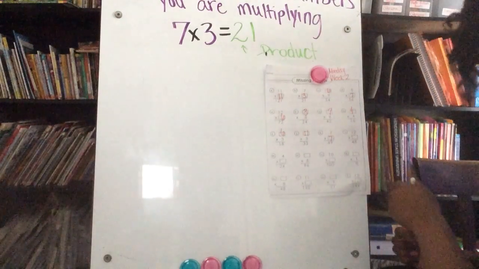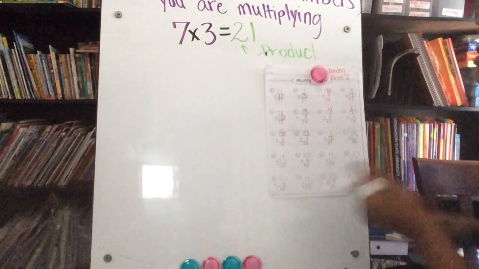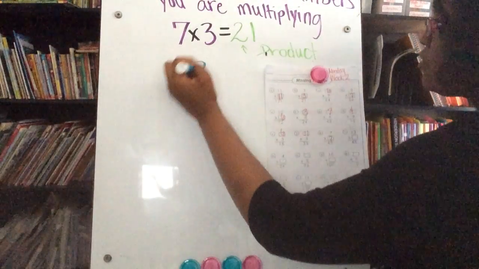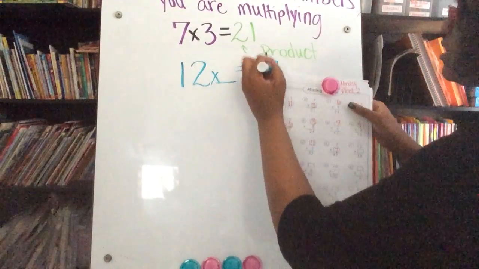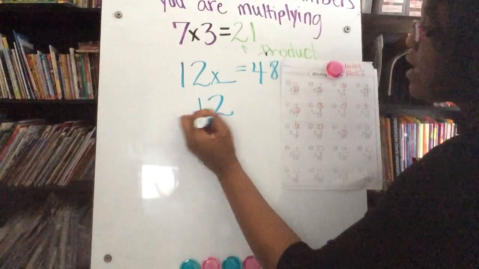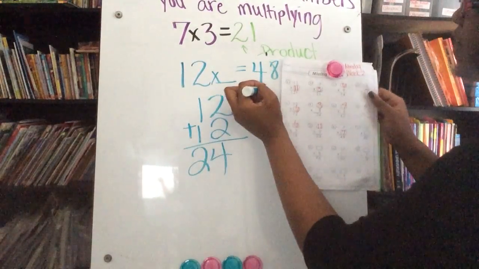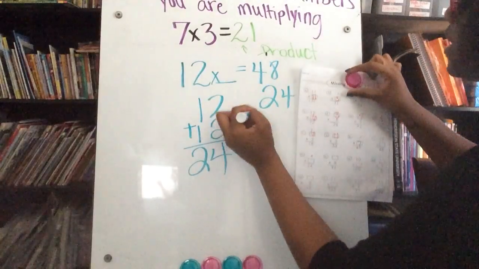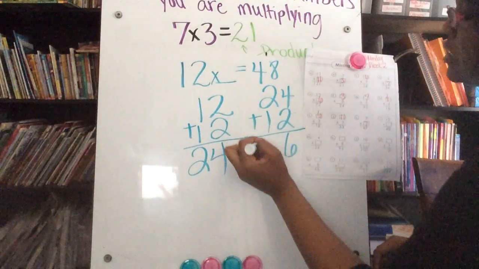12 multiplied by something is 48. On this one, you can count by 12s. 12 times something equals 48. I'm going to add, so 12 plus 12 equals 24. That's a double. If I do 24 plus 12, 4 plus 2 is 6, 2 plus 1 is 3.